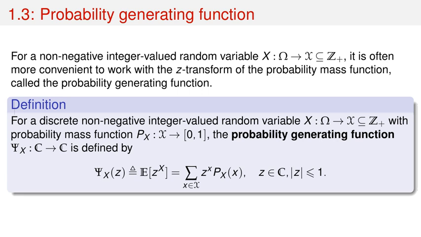This can be calculated as the sum over all x in the support script X of z^x times the probability p_X(x). This definition holds for complex numbers z where the magnitude of z is less than or equal to 1.